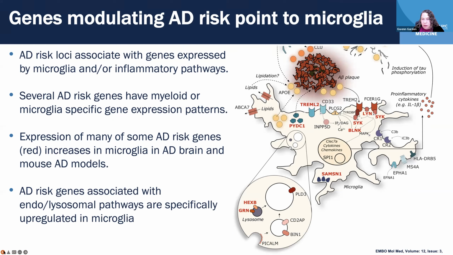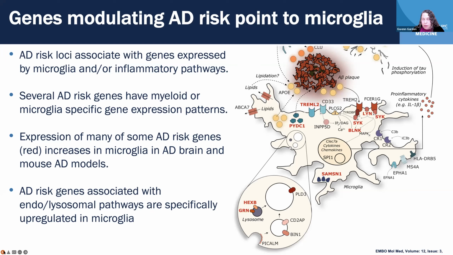The risk genes are associated with proteins that are expressed in myeloid cells. Some of them that are associated with familial but not dominant Alzheimer's disease, like TREM2, are exclusively expressed in myeloid cells, and TREM2 is predominantly expressed in only microglia as a cell type within the brain.